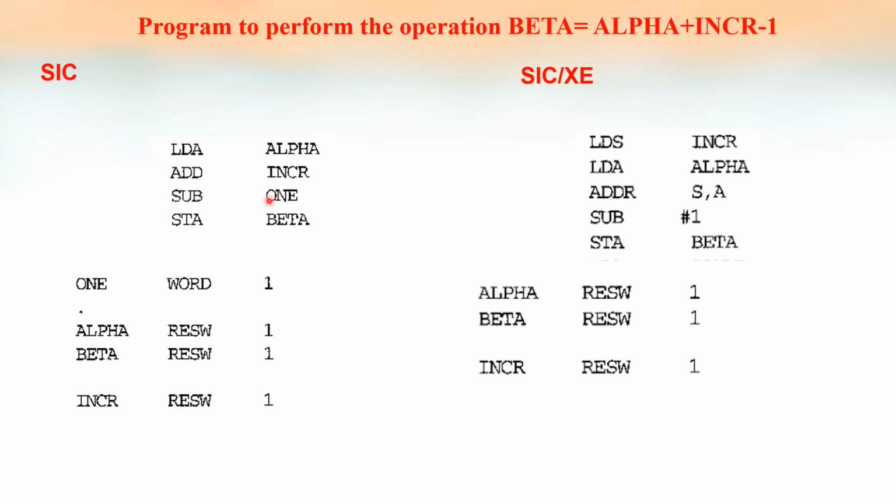So the SUB ONE instruction subtracts the 1 from the accumulator content, and again the result will be there in the accumulator. So now the accumulator contains alpha plus INCR minus 1. STA beta, store the accumulator content into the memory location beta. So now beta has the result. This is the SIC program for doing the operation beta equal to alpha plus INCR minus 1.